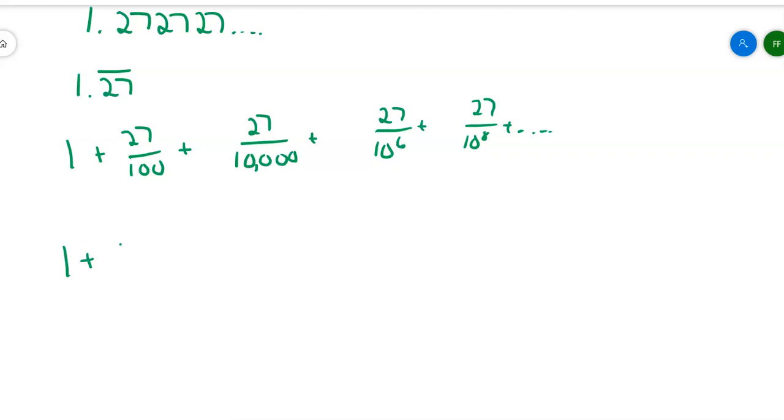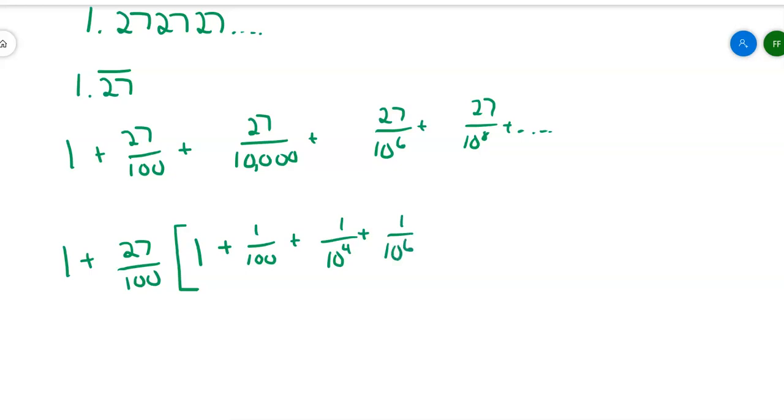And then I'm going to factor out a 27 over 100 out of that entire piece that remains. When I factor a 27 over 100 out of the first term, I get a 1. Factor a 27 over 100 out of there, and I get 1 over 100. Factor a 27 over 100 out of that third term, and I get 1 over 10 to the 4th. I get 1 over 10 to the 6th, and this keeps going on.